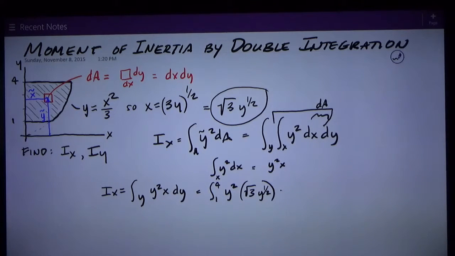We can simplify and rearrange it, take that constant out, and we get the square root of 3 times the integral from 1 to 4 of y squared times y to the 1/2, which is y to the 2.5 power, dy. That evaluates to the square root of 3 over 3.5, y to the 3.5 power, evaluated from 1 to 4.